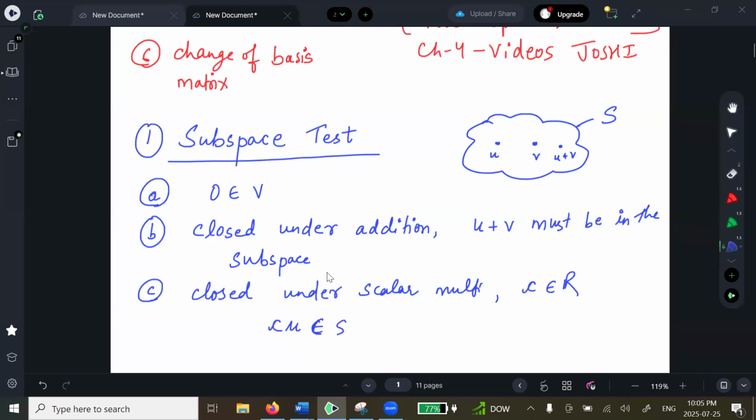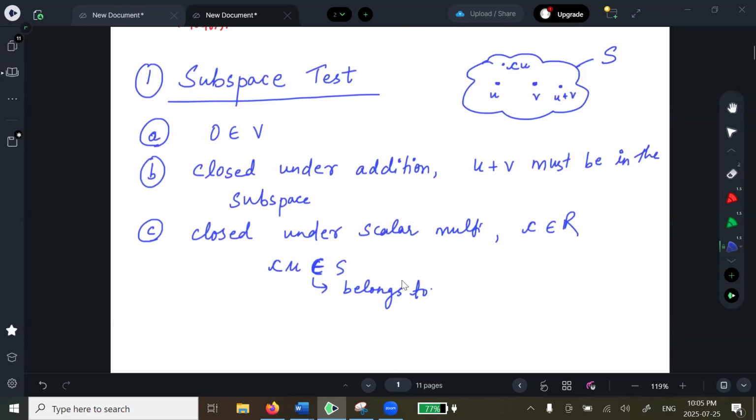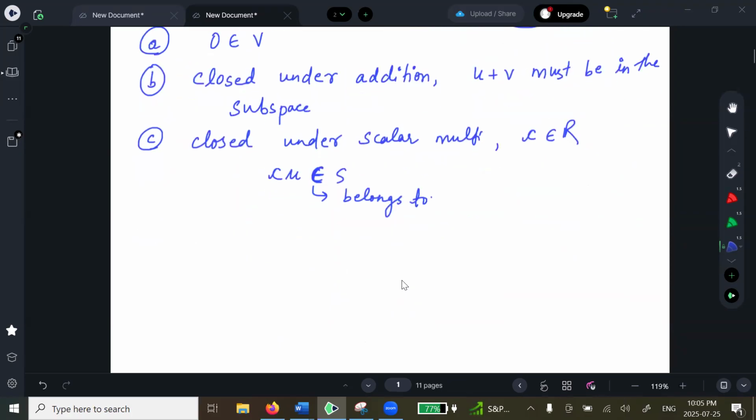This is the symbol for belongs to that I'm highlighting right now. So if U is there, then any scalar multiple of U must also be there. The dot represents CU. Okay, so this is the subspace test. You will not be asked to remember this definition, but keep it in the back of your mind to know what to check for.